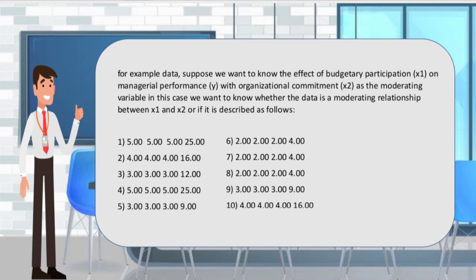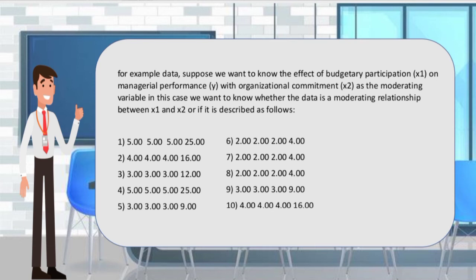Fifth one is 3.00 for the y, 3.00 for the x1, 3.00 for the x2, and for the x1, x2 is 9.00. For the sixth, the y is 2.00, the x1 is 2.00, the x2 is 2.00, and the x1, x2 is 4.00.